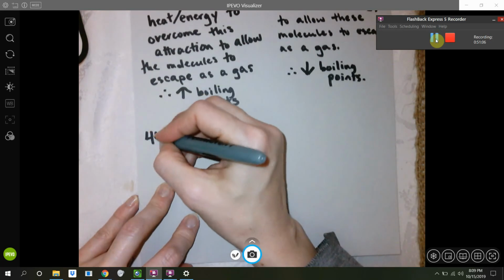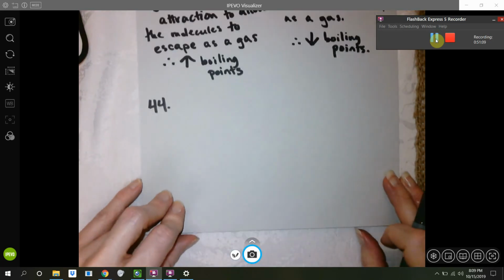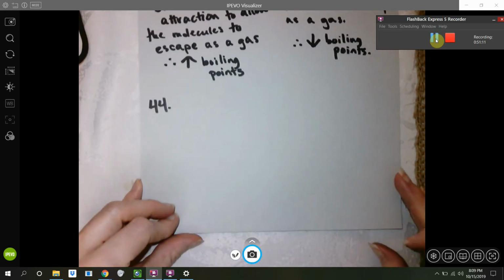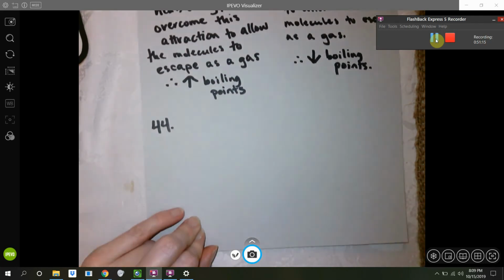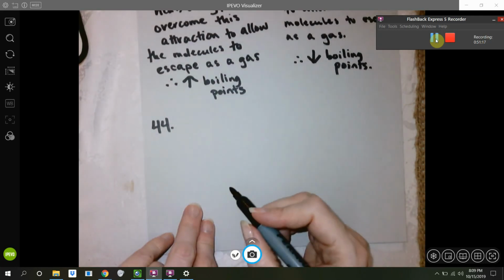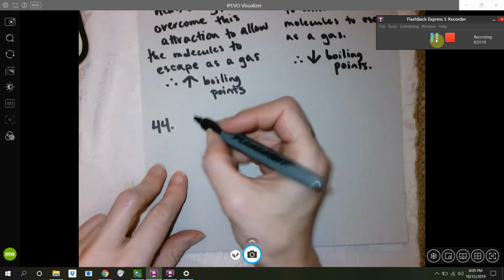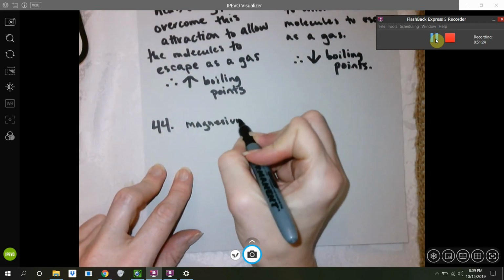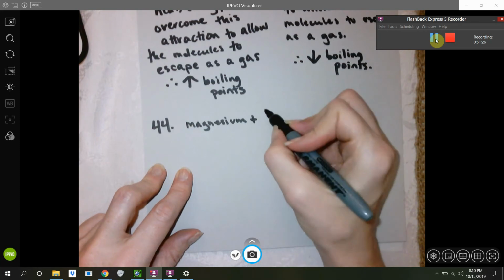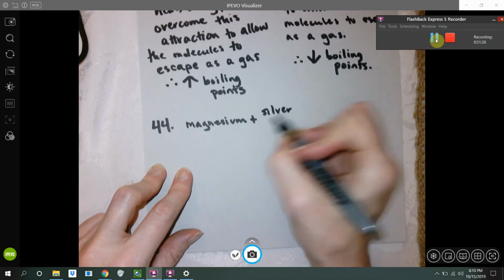44. Complete the word equation and write the balanced equation for this single displacement reaction. Okay, it's a single displacement. We have magnesium, and don't forget about the word equation, right? Magnesium and silver nitrate.